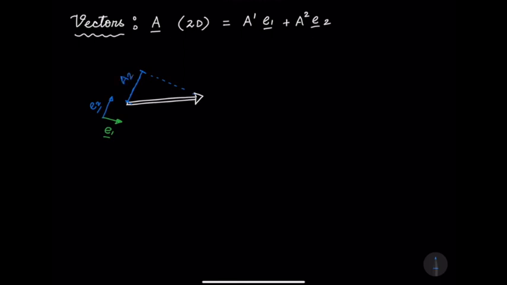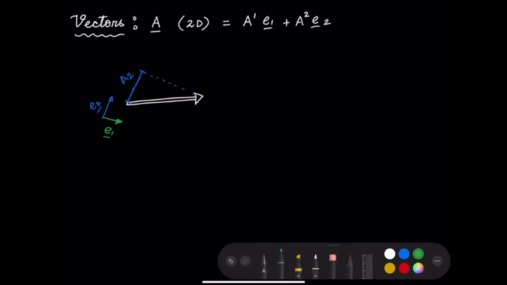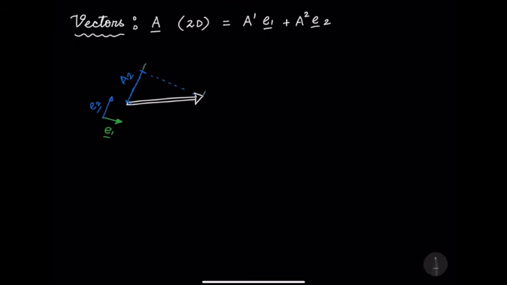I'm not going through this with a lot of explanation because I guess you have done this fairly well, even in your plus 2. So this is A1. This is the picture of a vector that is there in my mind. That is to say, the components are how much is the projection of that vector along A2, and how much is the projection of that vector along A1.